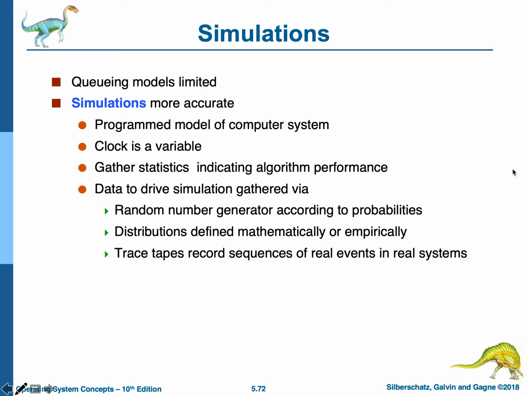So to simulate this, queuing modeling is actually a simulation approach. We don't need to allocate the resources, and we can simulate them. To simulate, a program model of the computer is used where the clock is a variable, and the states of these performance indices are calculated using Little's formula.